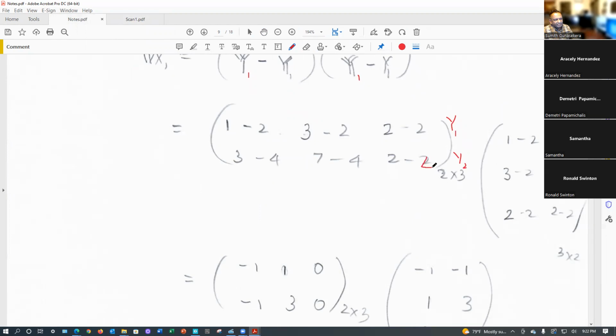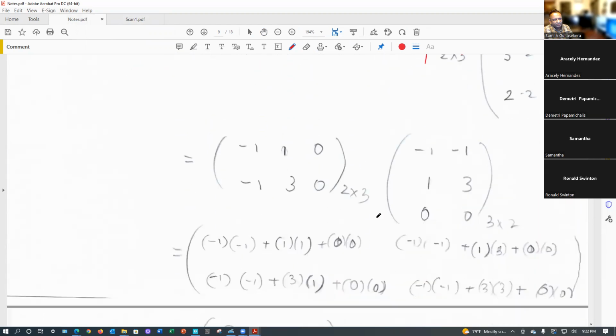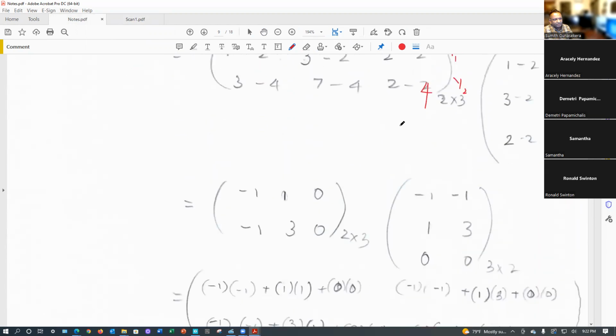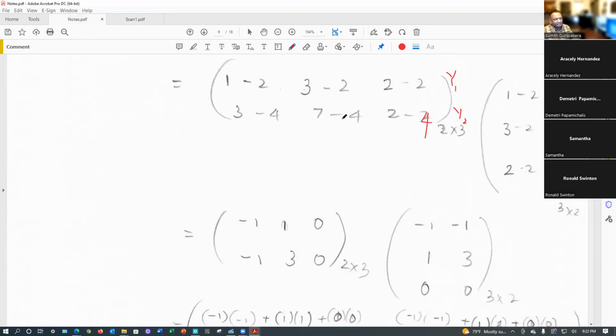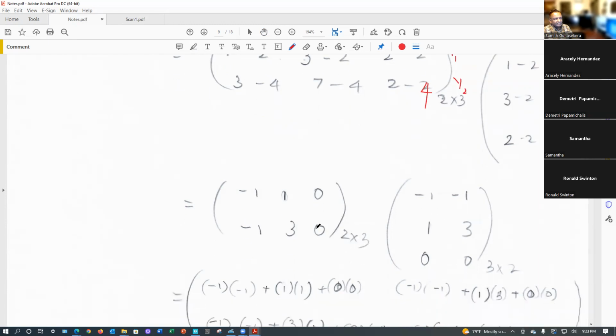Why is this one not right? There should be 4: 3 minus 4, 7 minus 4. Then I'm going to flip it, so row becomes column. Minus 1, 1, 0, minus 1, 3, 0, 2 by 3. This one becomes its counterpart. This should be minus 2.